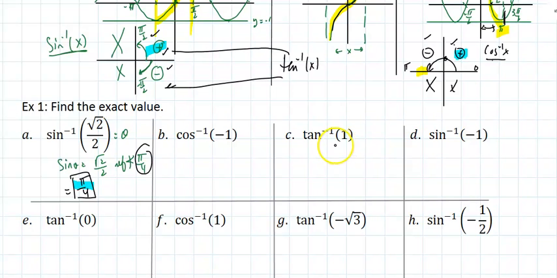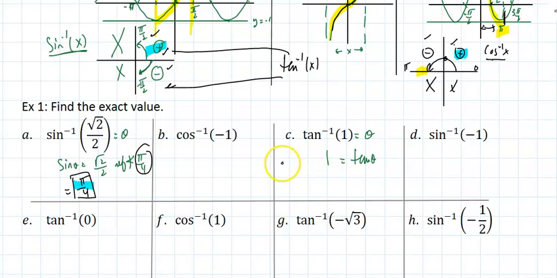How about inverse tangent of 1? If I call this theta, the same deal happens. That's really asking, what did you take the tangent of to get a 1?